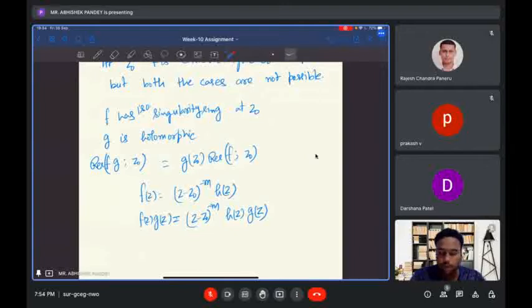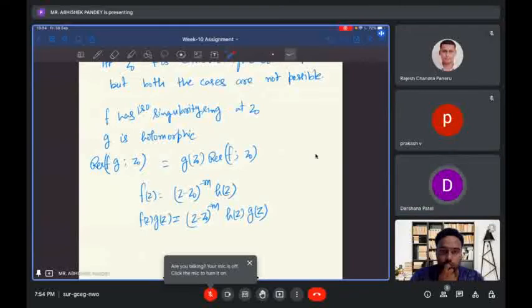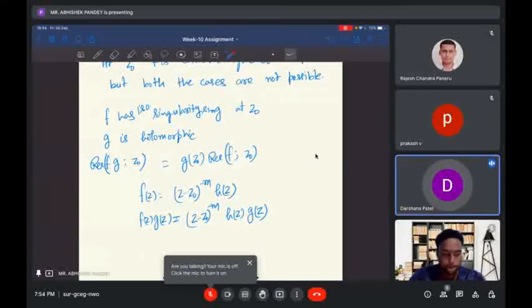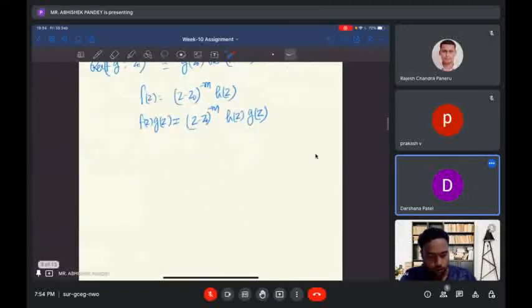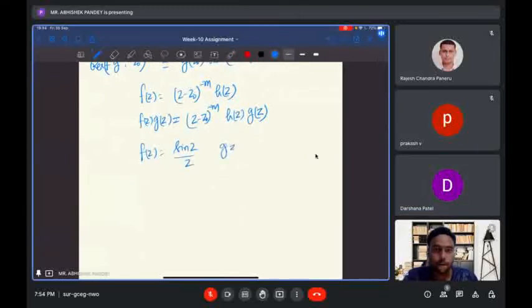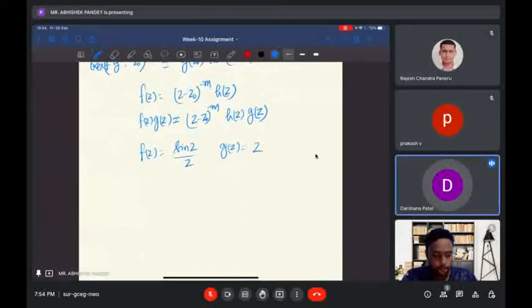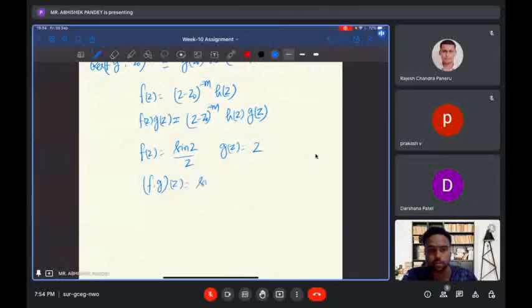So how can the residue of fg at z naught be 0? No no sir, suppose f(z) equals sin z upon z, and g(z) is z. Then f times g will be sin z. So sin z also has a removable singularity at 0, and basically it is analytic.